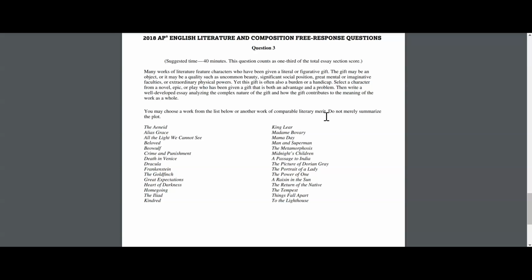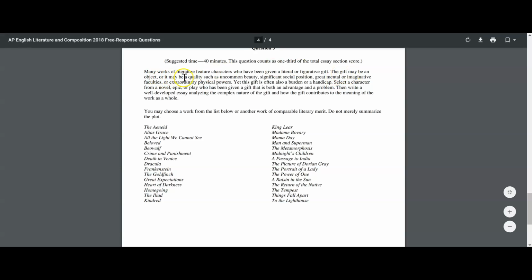Just like all the other essays, you have a suggested time of 40 minutes, and you are going to write an argument around the book that you chose in relation to the prompt. So let's look at this prompt and see how we might approach this. So many works of literature feature characters who have been given a literal or figurative gift. The gift may be an object, or it may be a quality such as uncommon beauty, significant social position, great mental or imaginative faculties, or extraordinary physical powers.